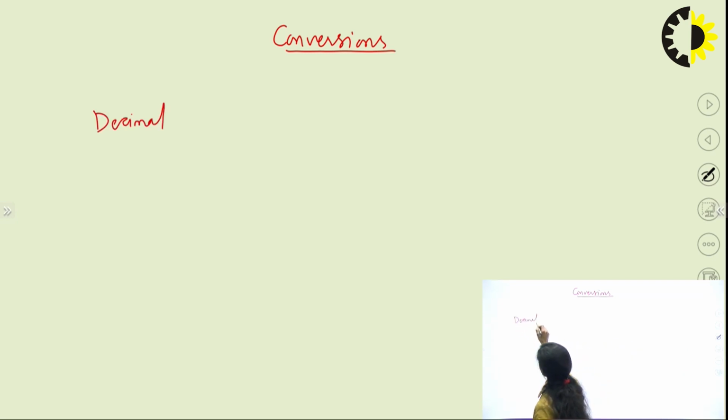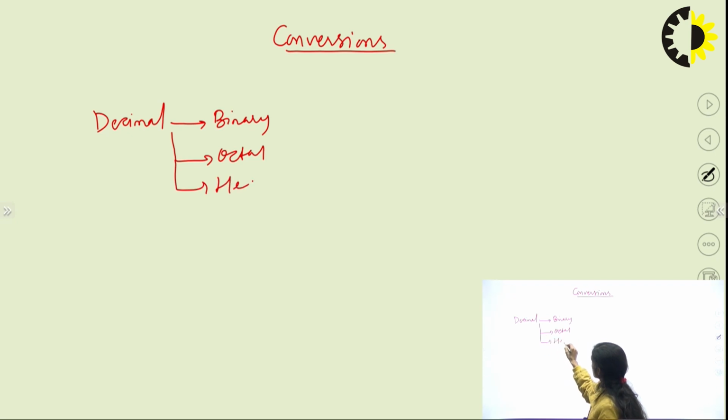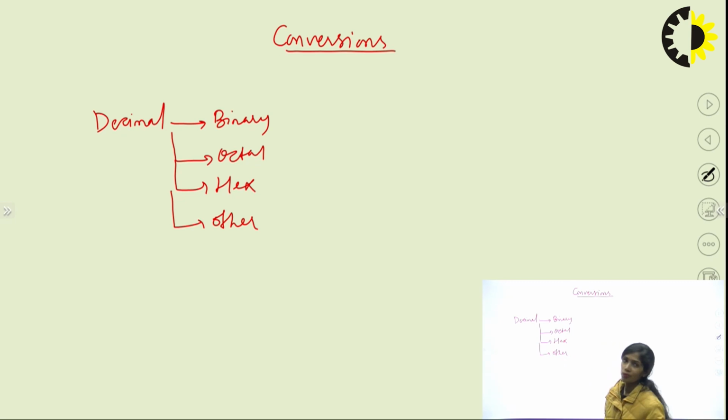So for conversion, if we need to convert decimal into binary, octal, hexadecimal, and other bases, it has the same procedure. So first we are going to study the conversion from decimal to other number systems. Let us start with an example.